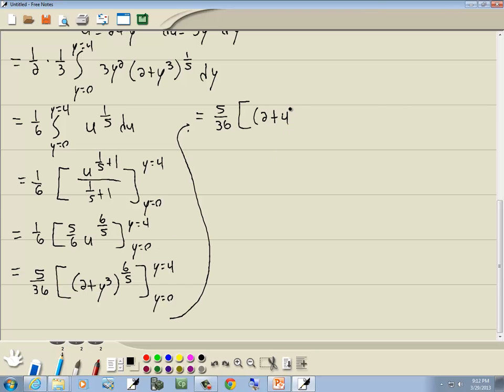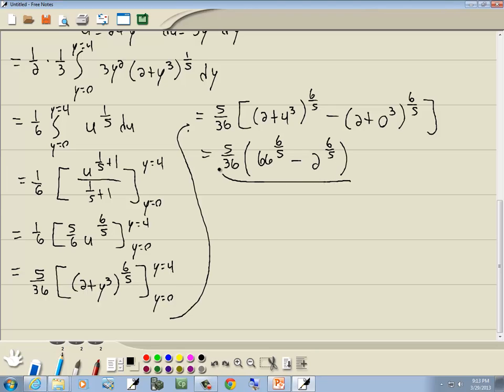So I got 4 to the third to the 6/5 power. Minus 2 plus, I put 0 in for the y. So we got 0 to the third raised to the 6/5 power. Well, 4 to the third, 4 times 4 is 16, times another 4 is 64, plus 2 is 66. So we got 66 to the 6/5 minus 0 to the third is 0, so that drops away. So we got 2 to the 6/5.